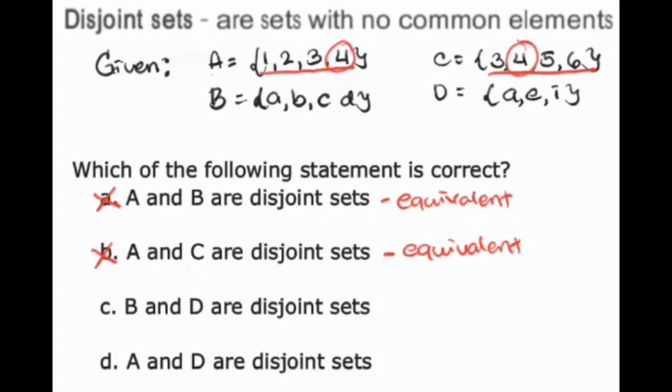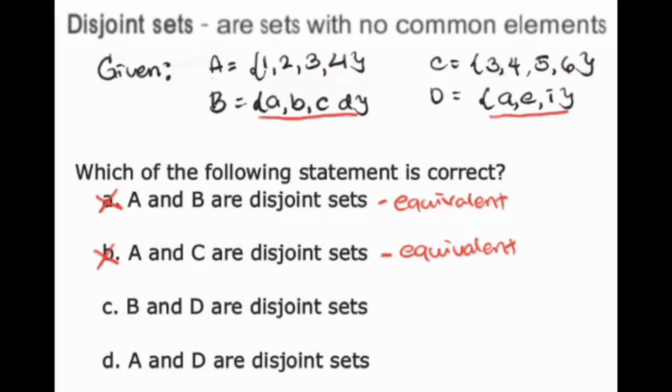Okay? How about letter C? Okay, sa letter C, set B and set D are disjoint sets. Okay, examine natin yung mga elements nila. Sa set B, ang elements ay A, B, C, D. Sa set D naman, ang elements ay A, E, I. Okay.